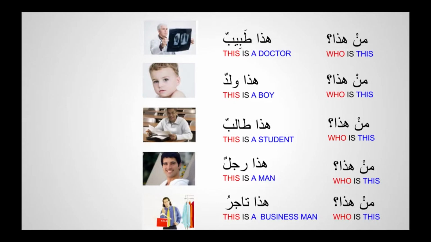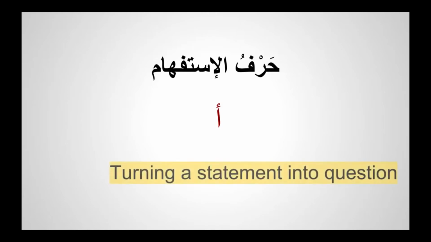So again, yesterday we did harf al-istifham a. So a, we know, it turns a statement into a question. If it's telling this is a boy, we can turn it into a question, is this a boy?